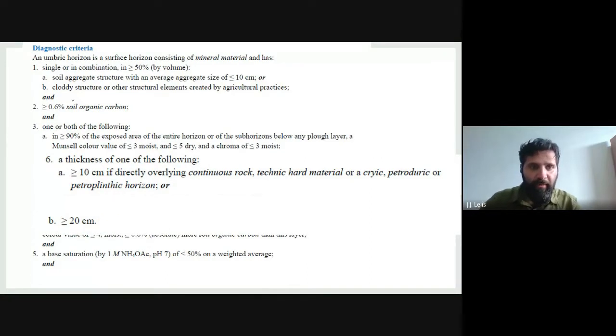So the exercise was to follow all the criteria for the umbric horizon, and it's an umbric horizon. The first one was an Argic horizon, and the second one is the umbric horizon.